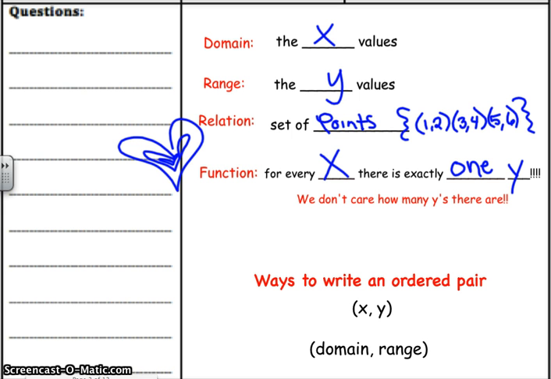So for every x, there's exactly one y. And how you need to think and visualize this, remember function machines back in the day? Pretend this is a function machine. Okay, it's really weird. Huh? We did this in 6th grade.